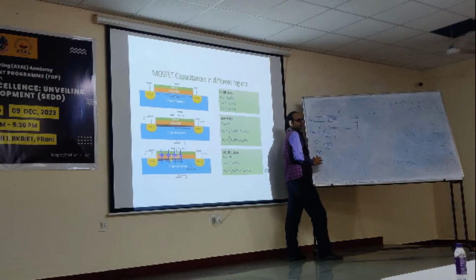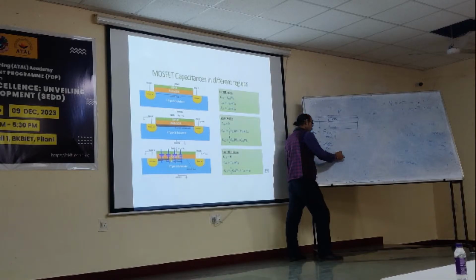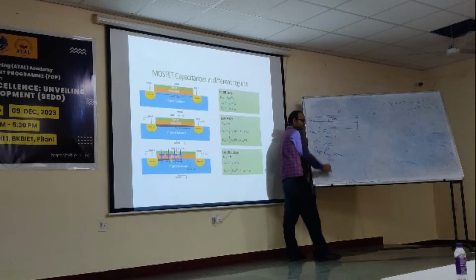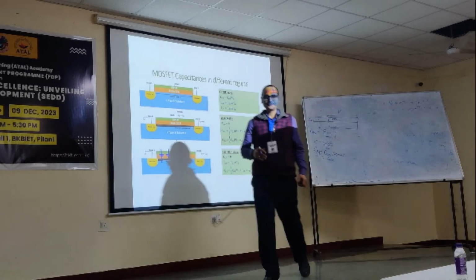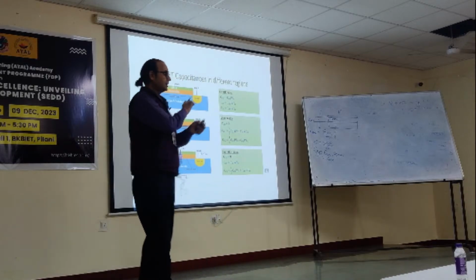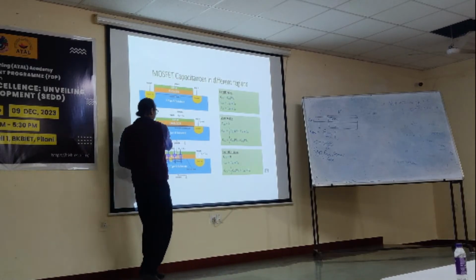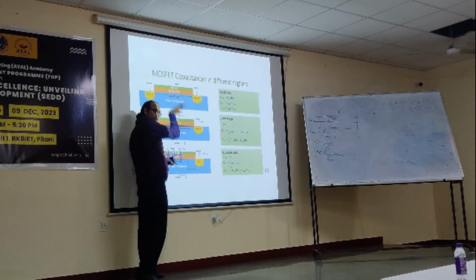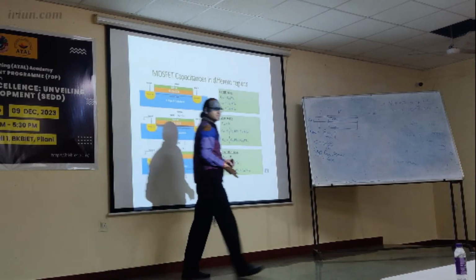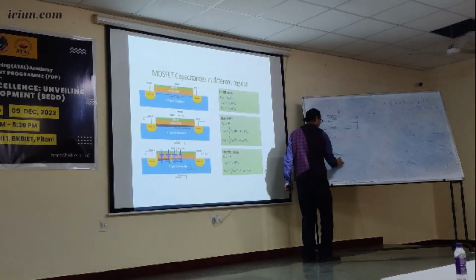This is capacitance per unit area, COX. I have to multiply by area. How much is the area? The gate length and width, from the top side. So we multiply it by W and L.